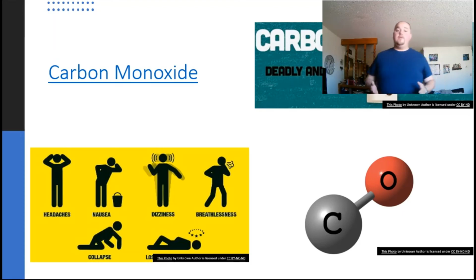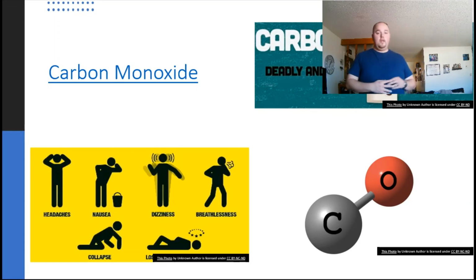And so how do we fix this? Get them into fresh air and also give them complete oxygen. We're talking like 15 liters non-rebreather because we want to offload that carbon monoxide and onload that oxygen, that dioxide, that 2-oxygen molecule. Not carbon dioxide, but just dioxide.